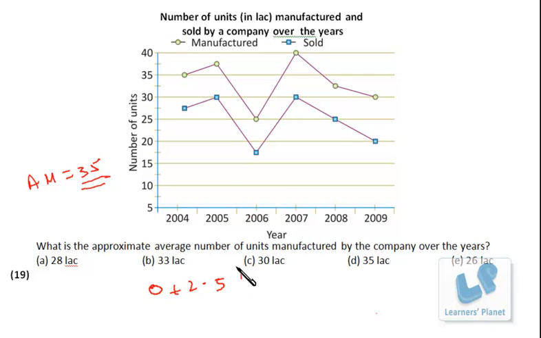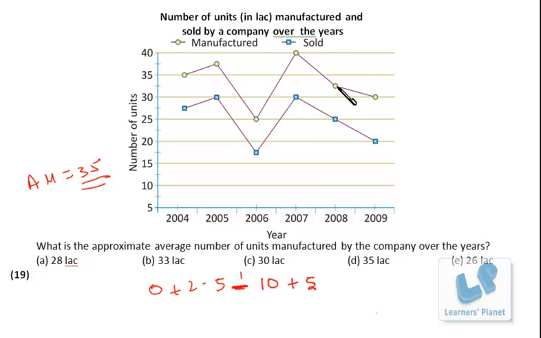Then it is 25, so it is 10 less than 35, so it's minus, right? So the value will be written in negative. Okay, then this is plus 5, this is 40, which is plus 5 from 35.